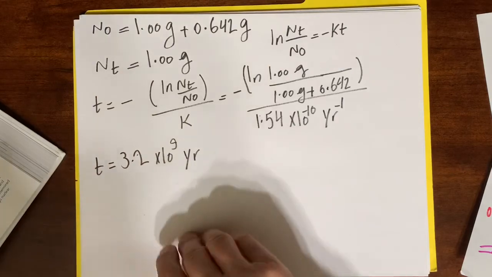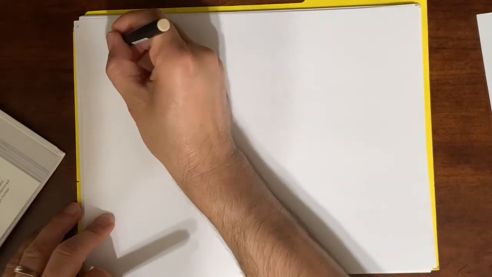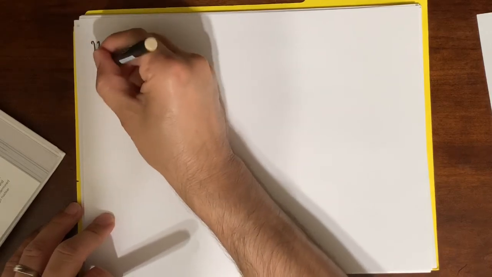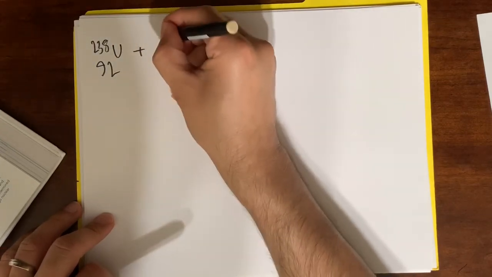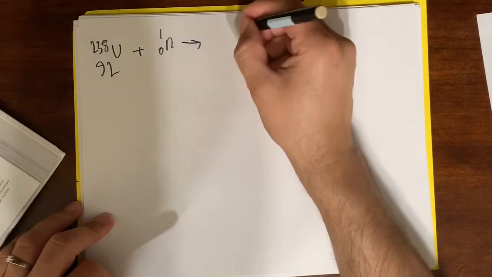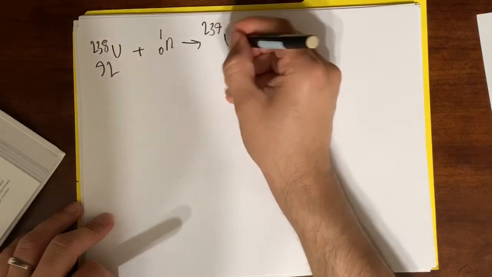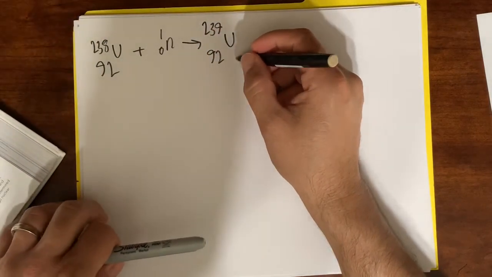Okay. So now I will switch to fission. If you go with uranium 238 and you bombard the uranium with a neutron, you can break it down through generating one unstable isotope.